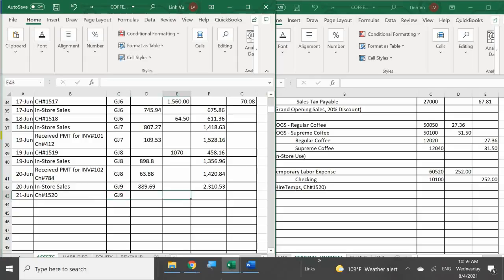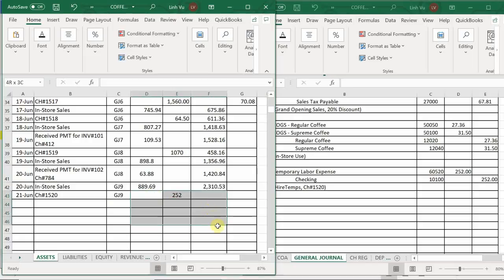Credit of $252. And then our balance is going to be $1,058.53. Correct. 2,058.53.